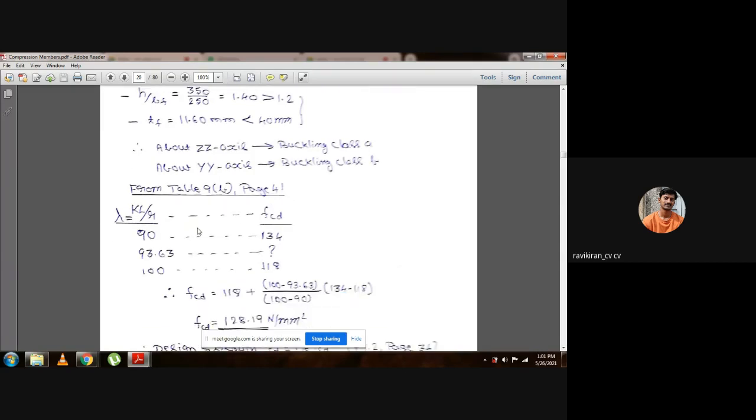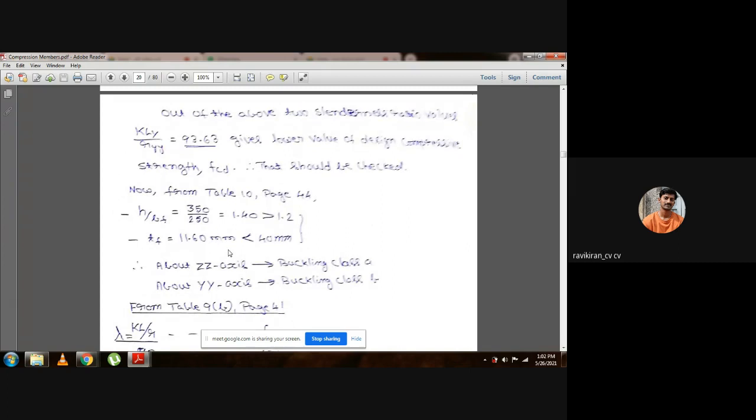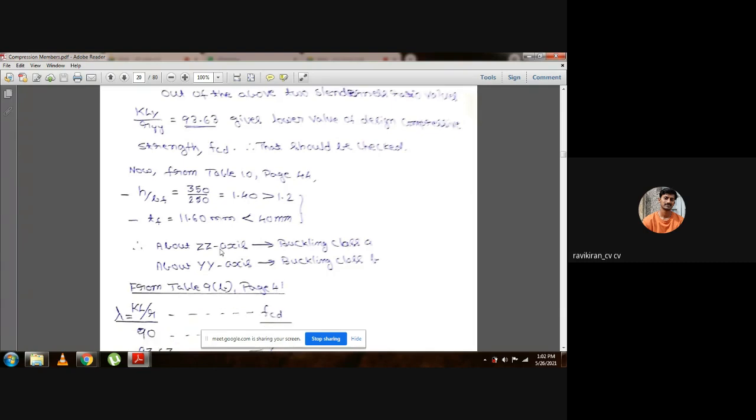If you open the KL by r value for 90, which is available in the code book, but we want the fcd value for 93.63. How did you get this 93.63? If you go back, see, KL by r value 93.63. For this value we are going to find the fcd value.